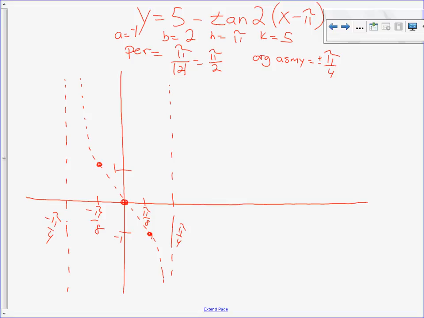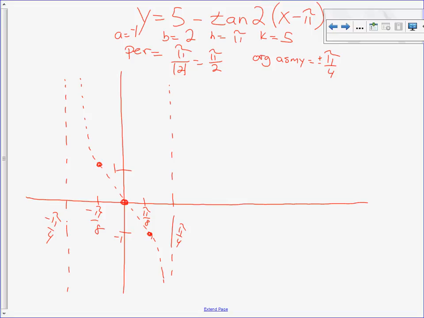So your set of ordered pairs to begin with are at negative pi over 8 and 1, 0, 0, and then the other one would be at pi over 8 and negative 1. Okay? For the shift, I know that I have to add pi and then add 5 to the x and y values. Do you agree on that?